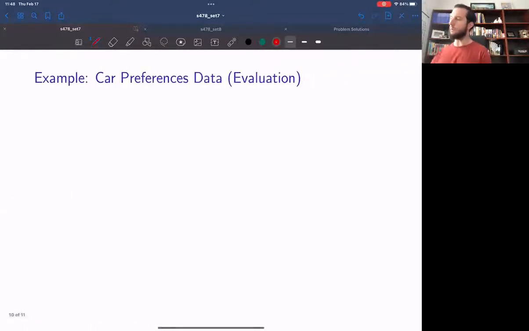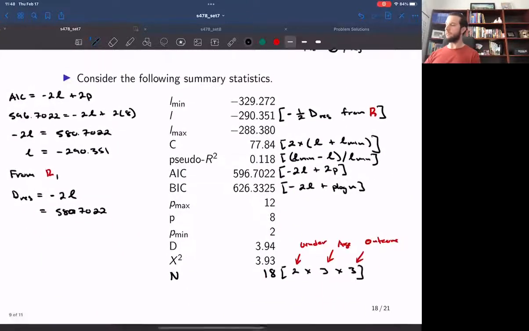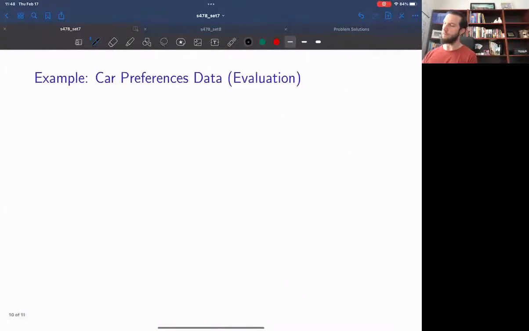Okay, so the last thing I want to do is talk a little bit about inference for the model. So we have a number of summary statistics put here. There are two main tests that we can run based off those summary statistics. So we can test minimal versus fitted model.